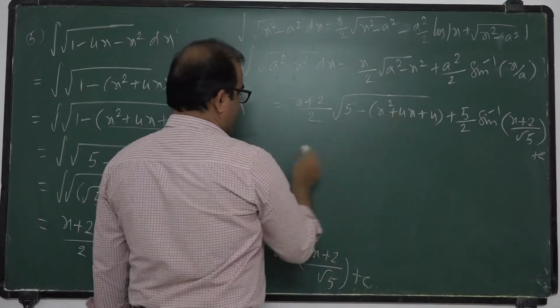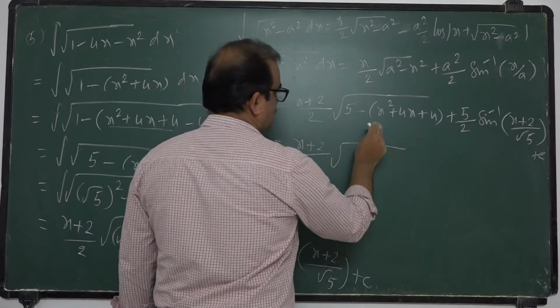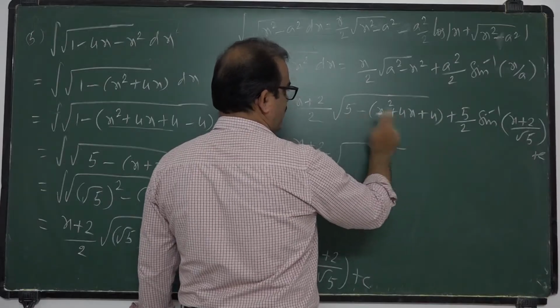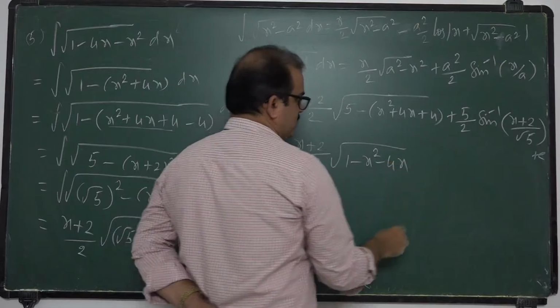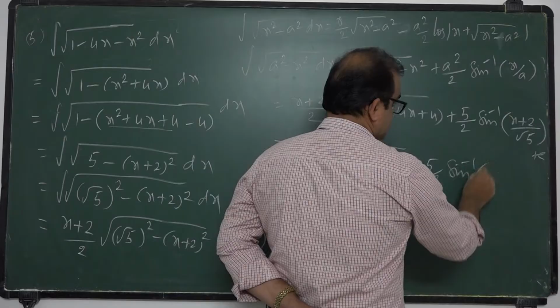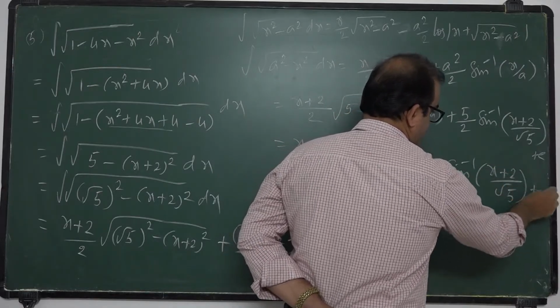Take this minus into bracket: minus x square minus 4x minus 4. 5 minus 4, 1 minus x square minus 4x, plus 5 by 2 into sin inverse x plus 2 by root 5 plus c.